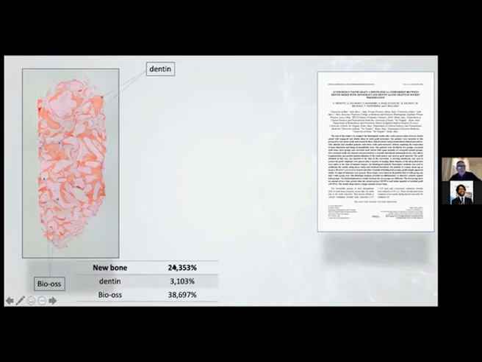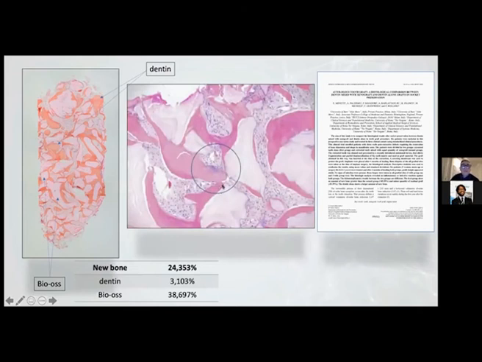After 4 months, we have new bone 24%, dentin was 3%, and bios 38. Very interesting is the image after 4 months, because it's possible to observe the dentin was, I remember, 50% dentin and 50% bios.